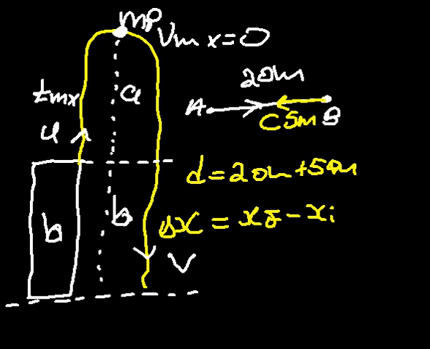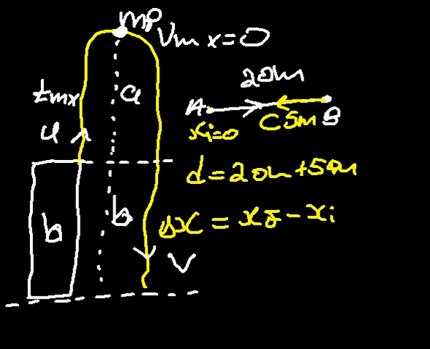Now the initial position is given as xi. This is the initial position, which is the 0 position. And how about the final position? The displacement is the difference between the initial position and the final position.